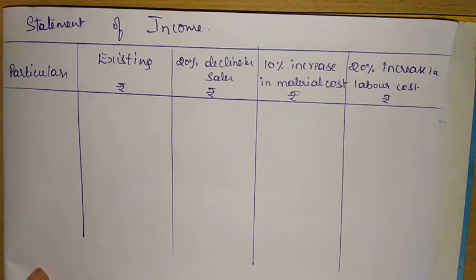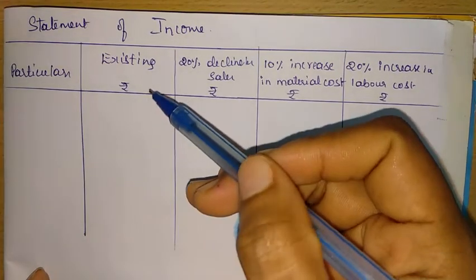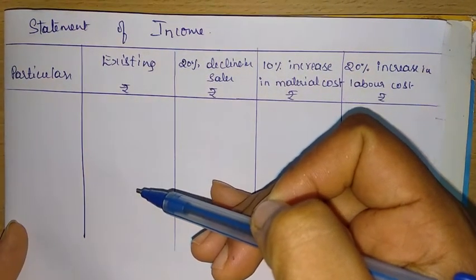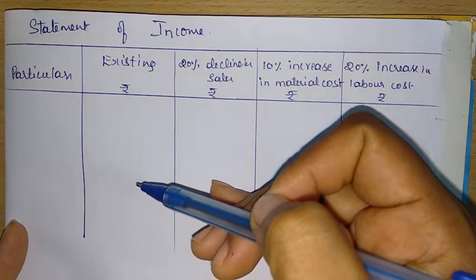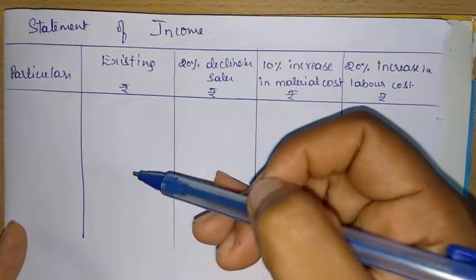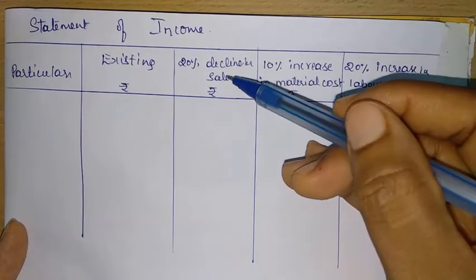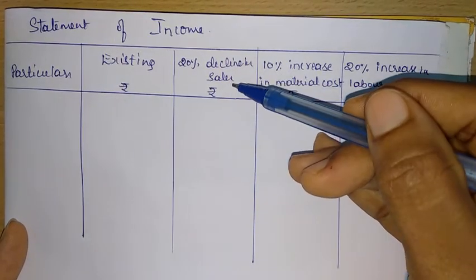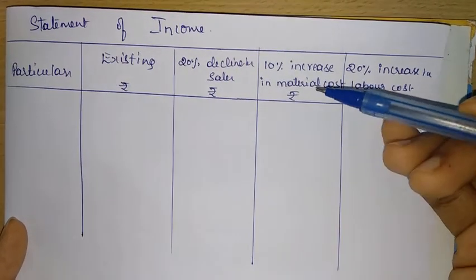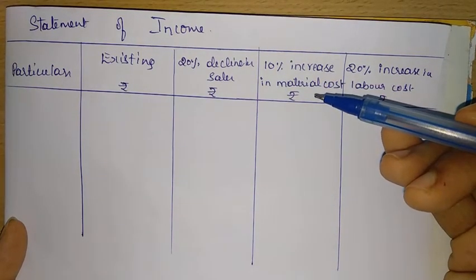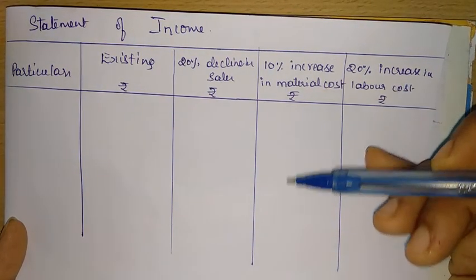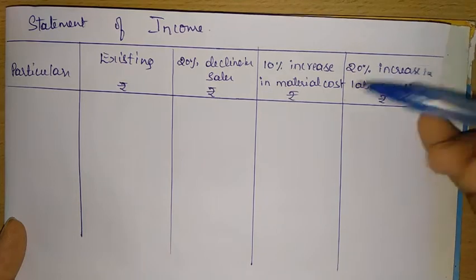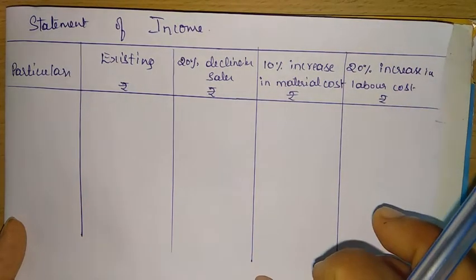Here is a statement, particulars. First column is for existing level, that means there will be no changes. For same level, what is EBIT? And when 20% decline in sales, what is EBIT? Then when material cost increases by 10%, so what will be the changes on EBIT? So to calculate that, we need this column.